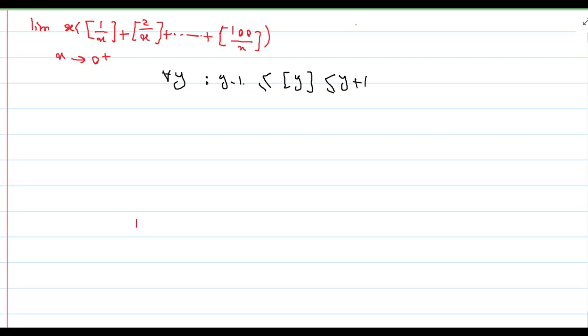Now I use this fact in the term of 1 over x. I can say that the integer part of 1 over x is between 1 over x minus 1 and 1 over x plus 1.